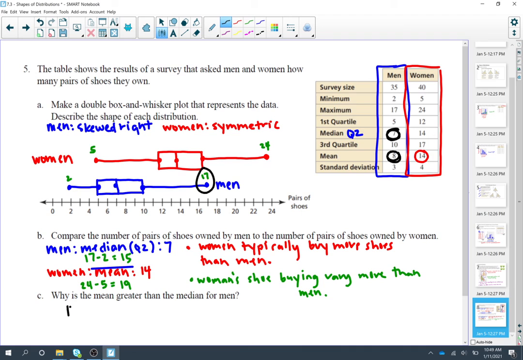So I'm going to say 17 could, and I'm specifically going to say could, be an outlier. We don't know if it is, but that's why the mean is going to be higher, because of that 17 number that's not as low as maybe all the other numbers with our box plot sitting down here between like 5 and 10.